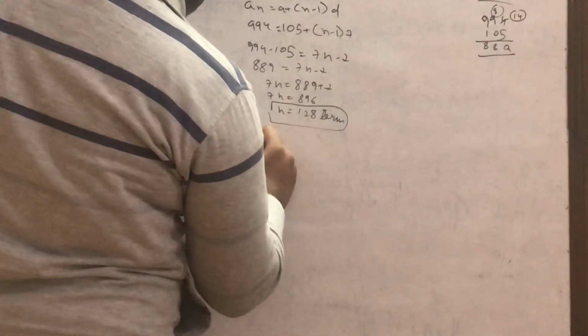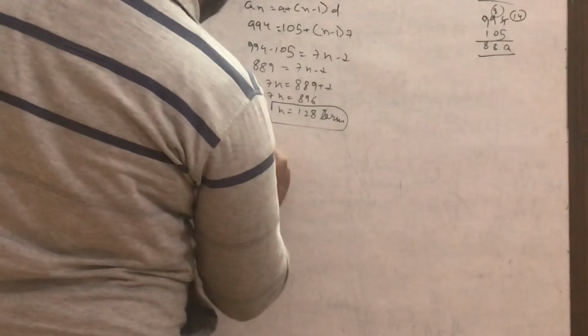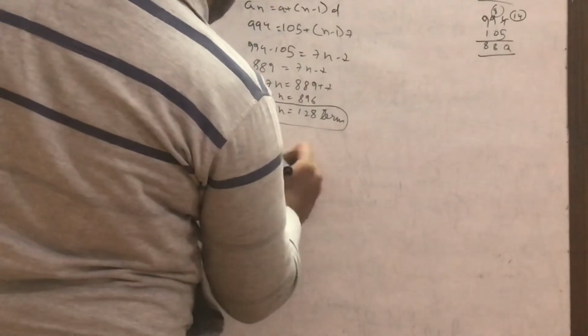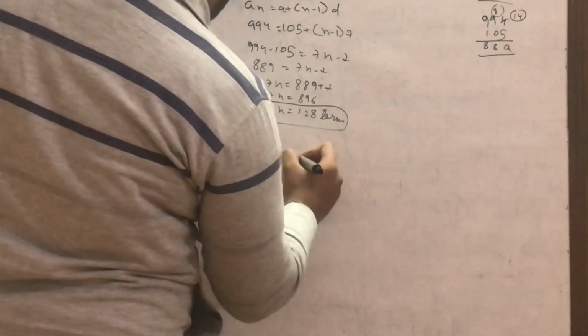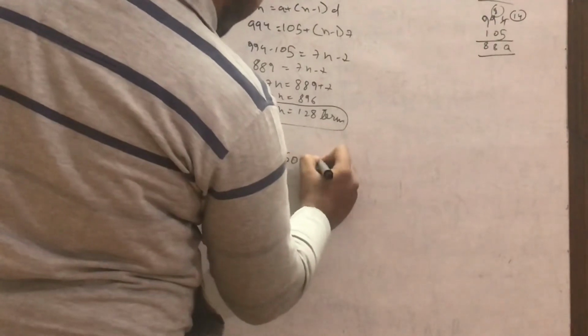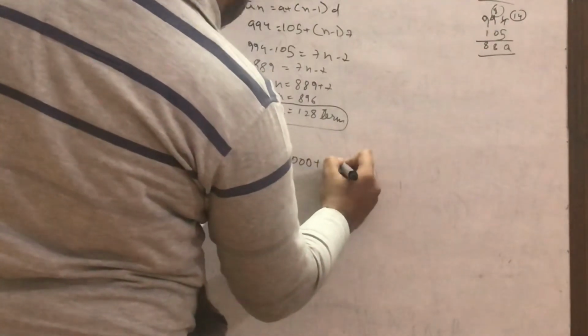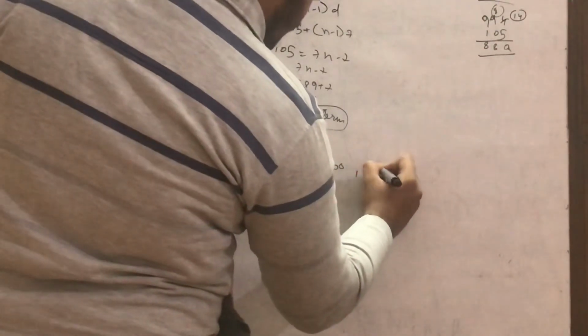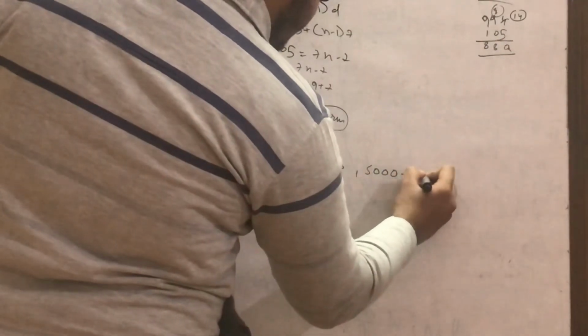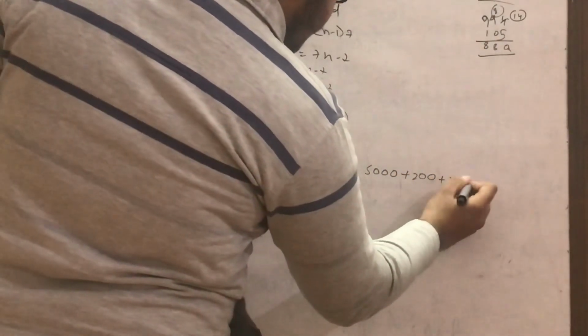A is 5,000. Increment is 200 each year. You can get aside from the board. Yes, sir.